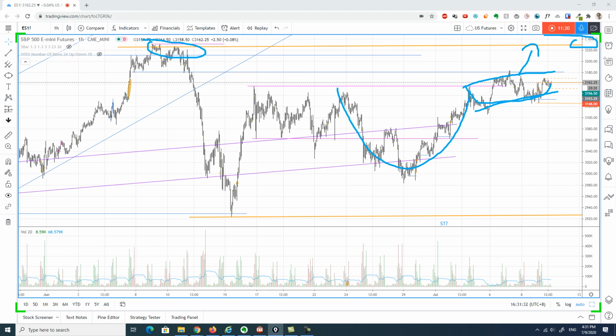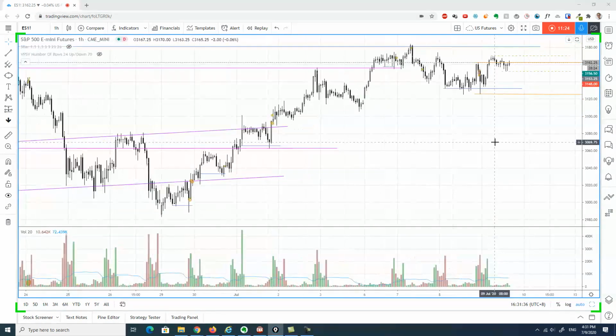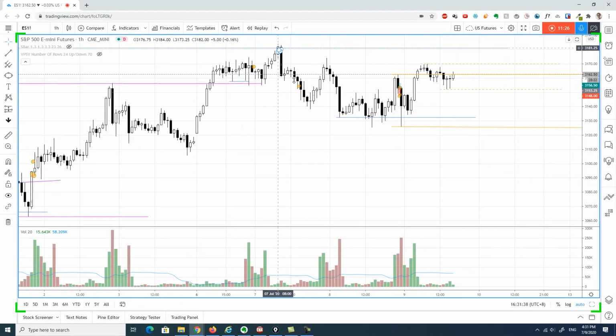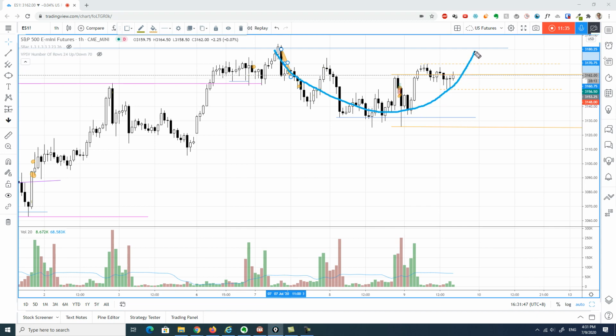If we take a step back and zoom in a bit, just for this little structure here, I think it is quite another nice fractal. It could become something like a rounding bottom, or you can call it another cup and handle maybe. So this is a possibility as well.